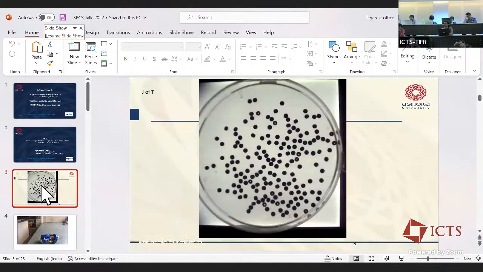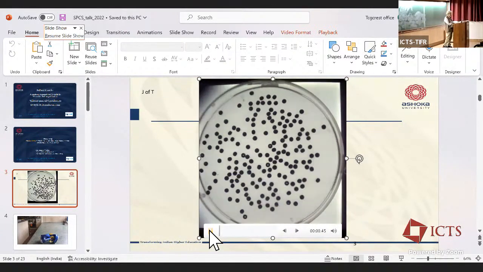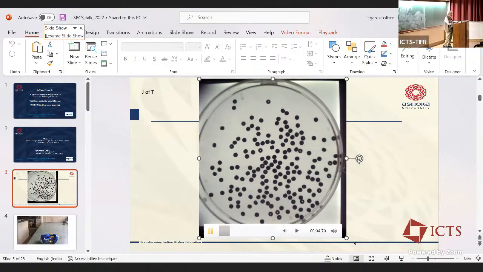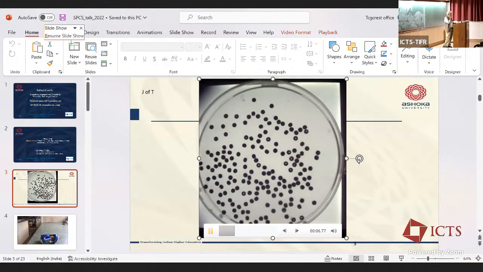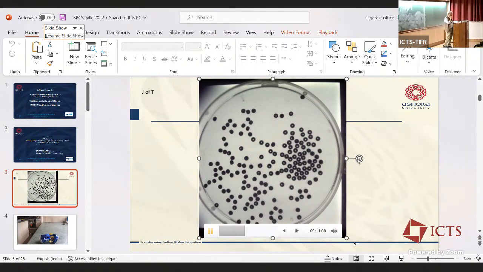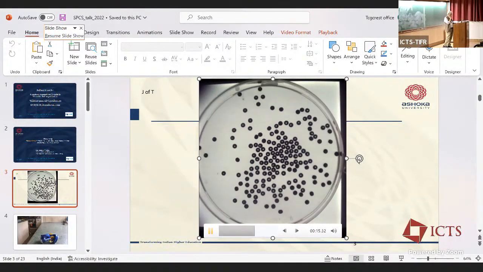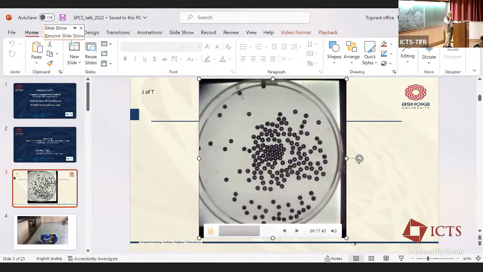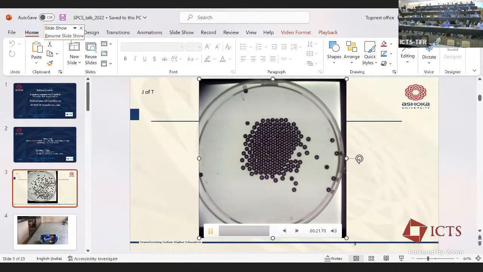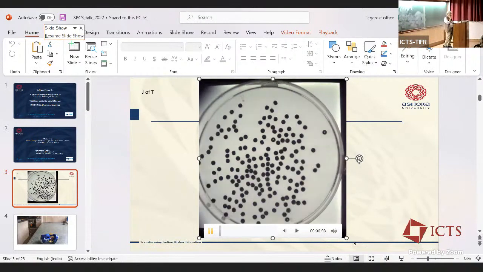This one? Yeah. It appears to be slightly hexagonal in shape.